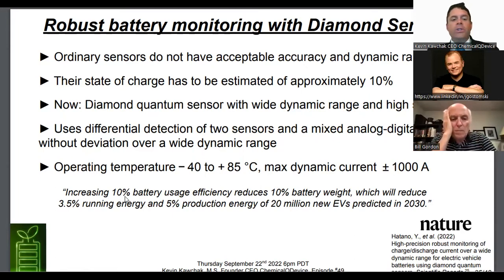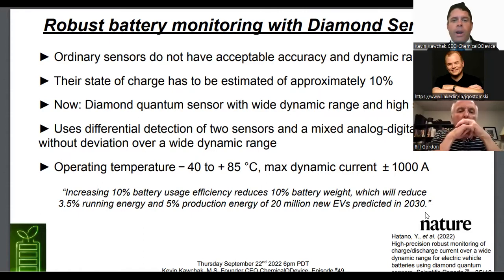It says, increasing 10% battery usage efficiency reduces 10% battery weight, which will reduce 3.5% running energy and 5% production energy of 20 million new EVs predicted in 2030. And they went on and on with a carbon dioxide calculation as well.